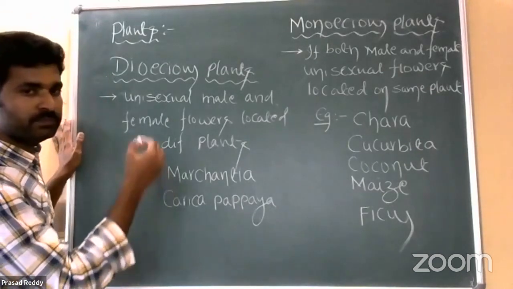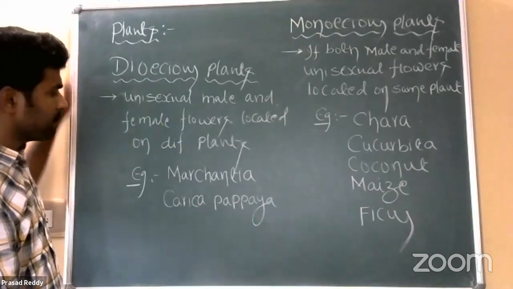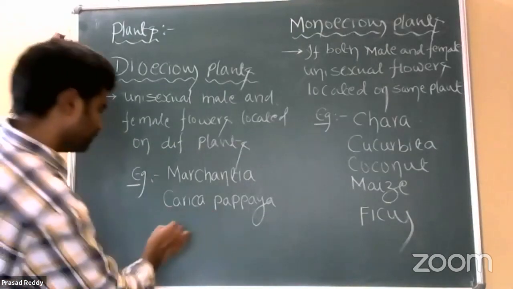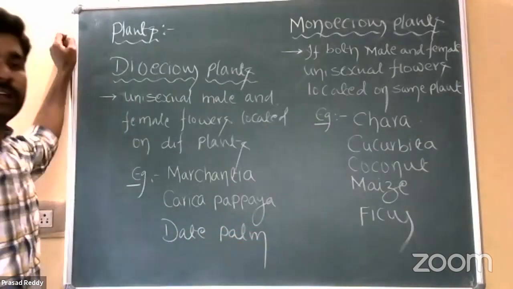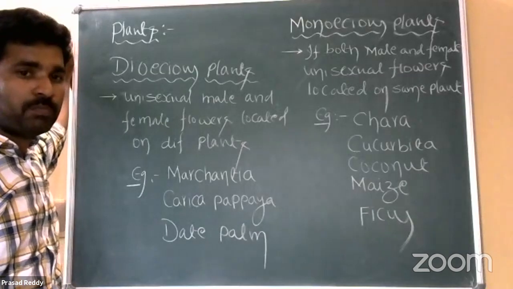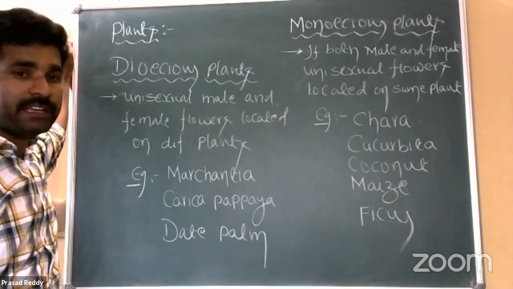The third one is date palm, Phoenix dactylifera. So the date palm's scientific name is Phoenix dactylifera.